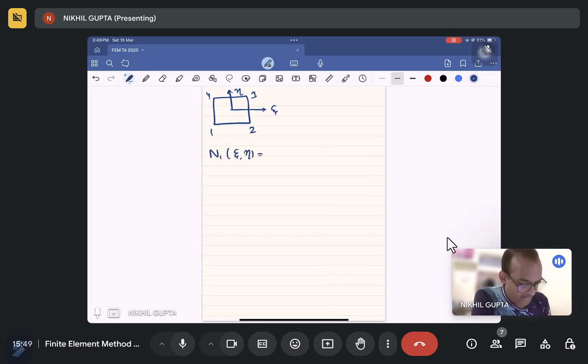So I'll write the shape functions directly. It is not tough to find. Now you must have seen it many a time.